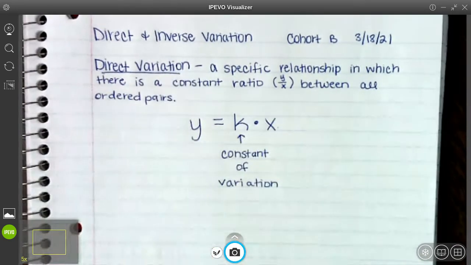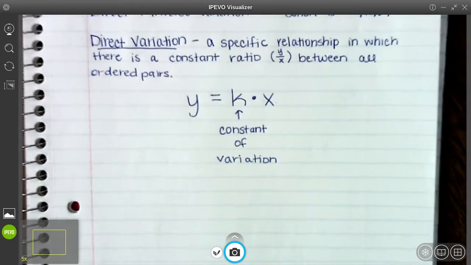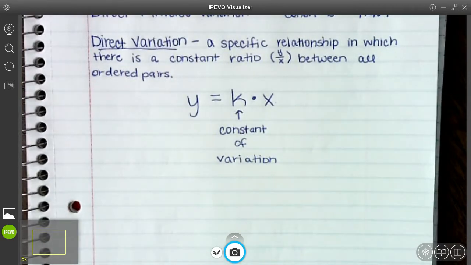So direct variation is a specific relationship in which there's a constant ratio. So our constant ratio will be y over x between all ordered pairs.